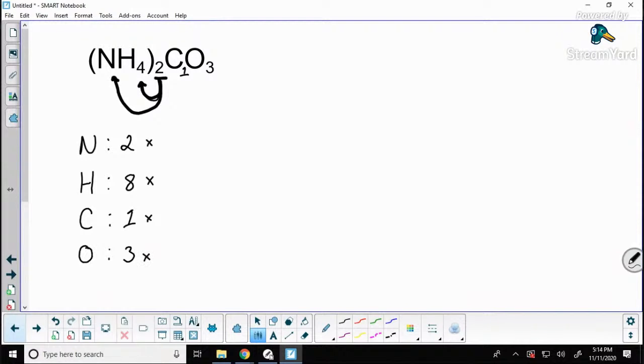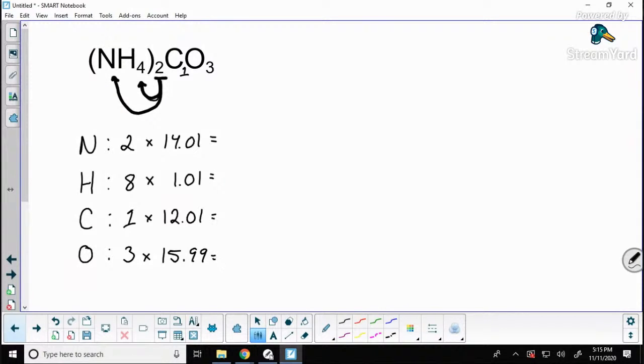Those are each going to get multiplied by the gram atomic mass that you would look up on the periodic table. If you look up nitrogen, you'd find it to be 14.01. Hydrogen again, 1.01. Carbon, 12.01. And oxygen, the 15.99.